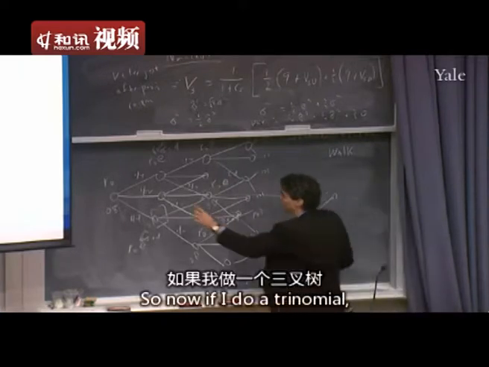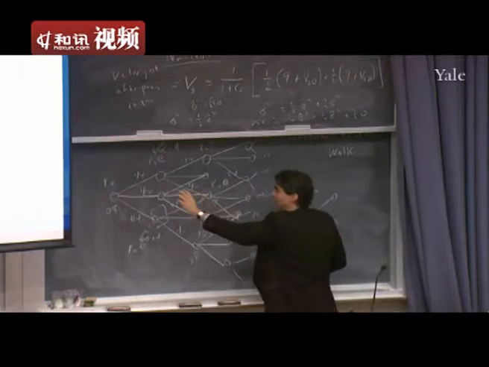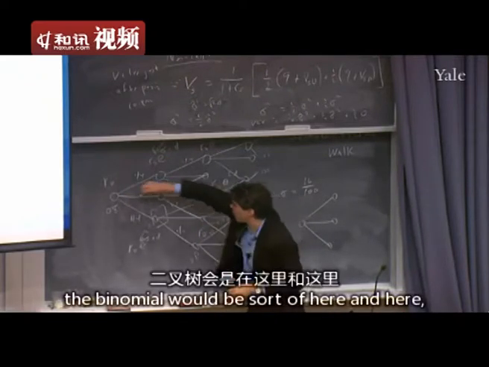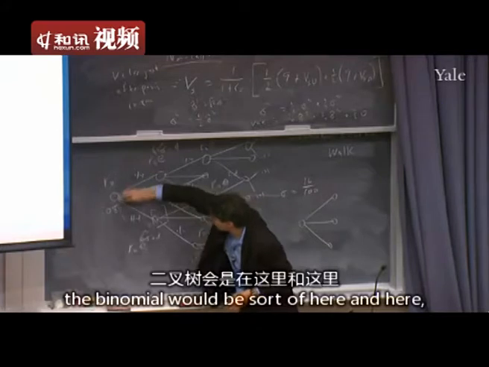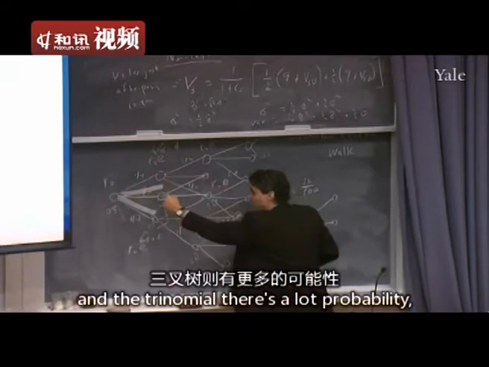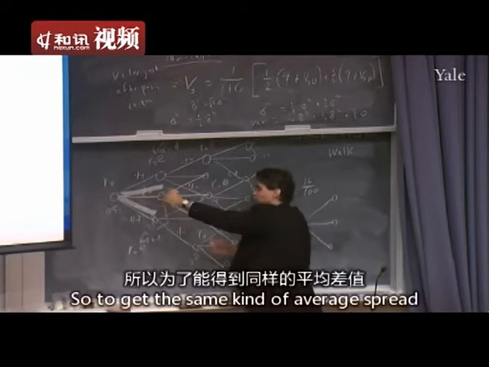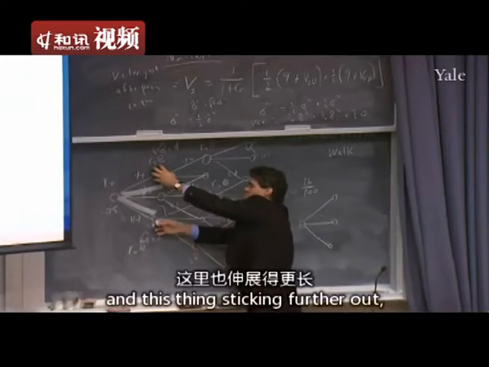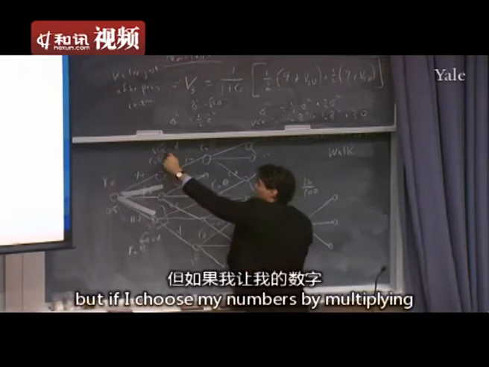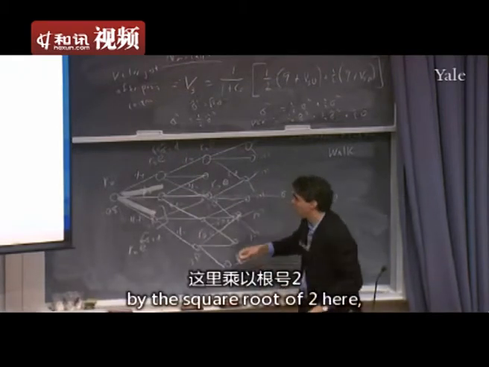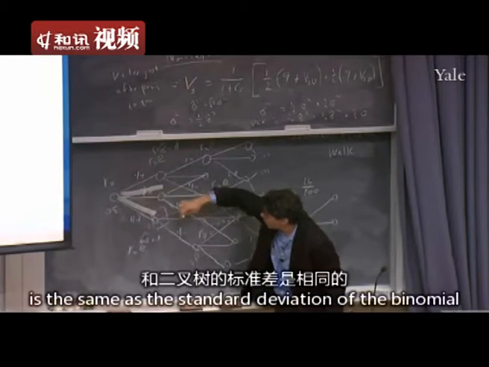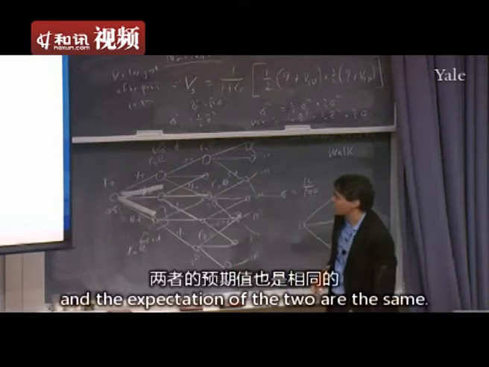Now for the trinomial to be similar to the binomial, the nodes would be sort of here and here. And in the trinomial, there's a lot of probability you're stuck in the middle. So to get the same kind of average spread, I'm going to have this node sticking further out and this one sticking further out. If I choose my numbers by multiplying by the square root of 2, the standard deviation of this trinomial is the same as the standard deviation of the binomial, and the expectation of the two is the same.